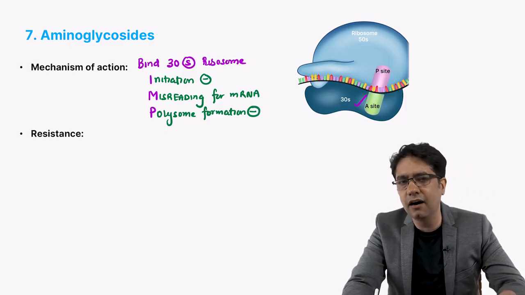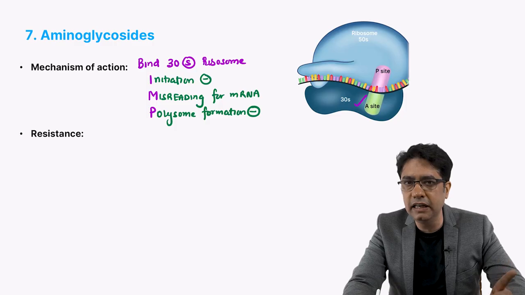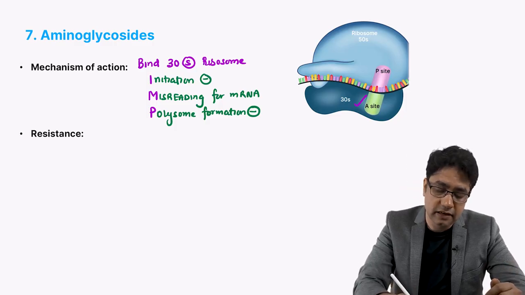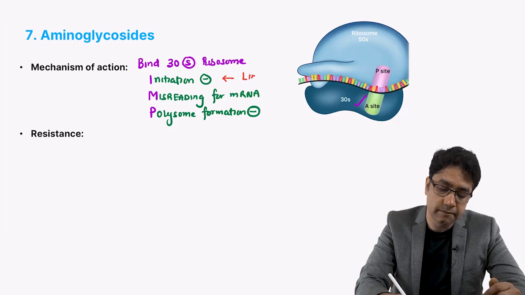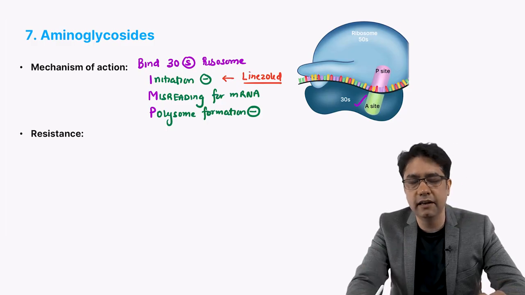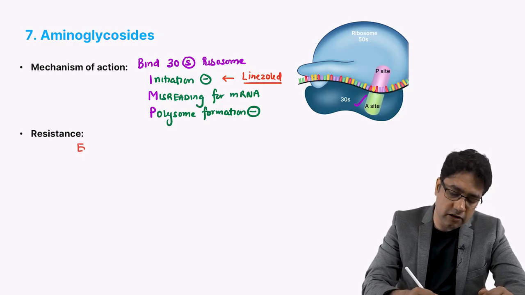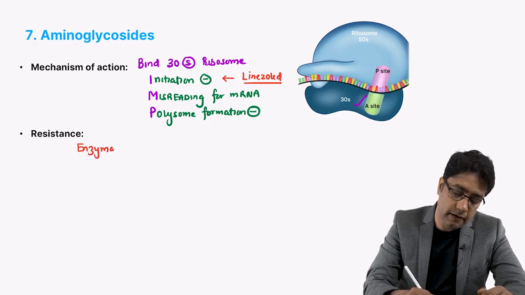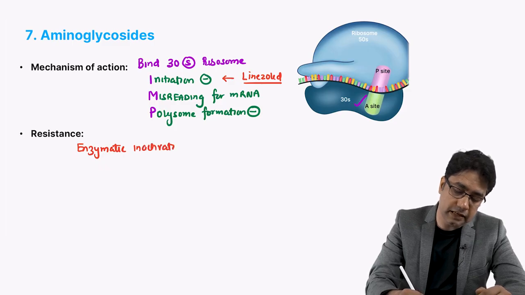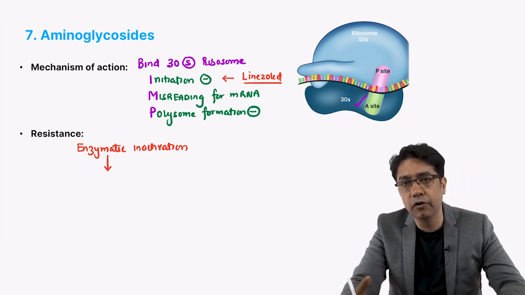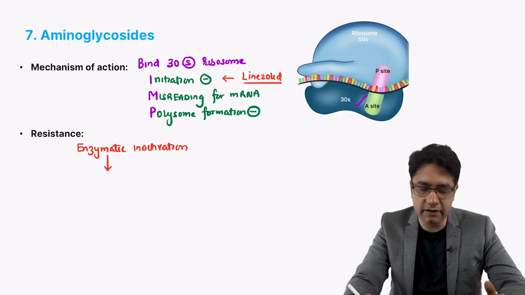So which other drug did I tell you was inhibiting initiation of protein synthesis? That was linezolid. So linezolid and aminoglycoside are two antibiotics inhibiting initiation of protein synthesis. Now what is the cause of resistance? Resistance is again because of enzymatic inactivation. That means when this aminoglycoside enters the bacteria, the bacteria produce certain enzymes which inactivate it.